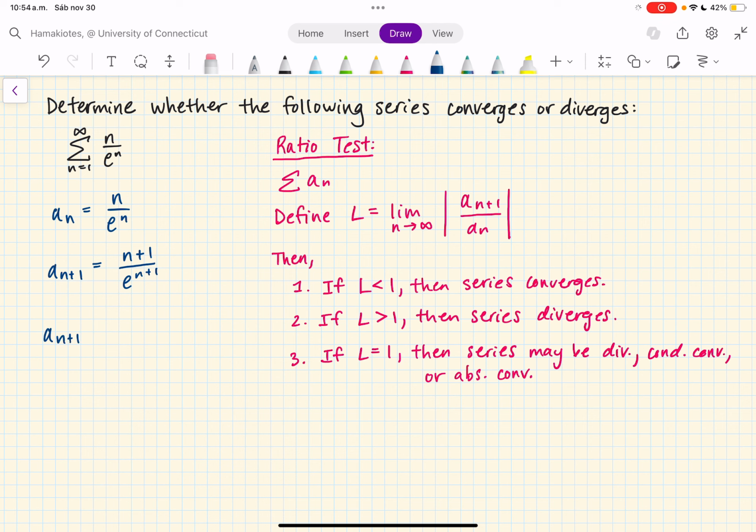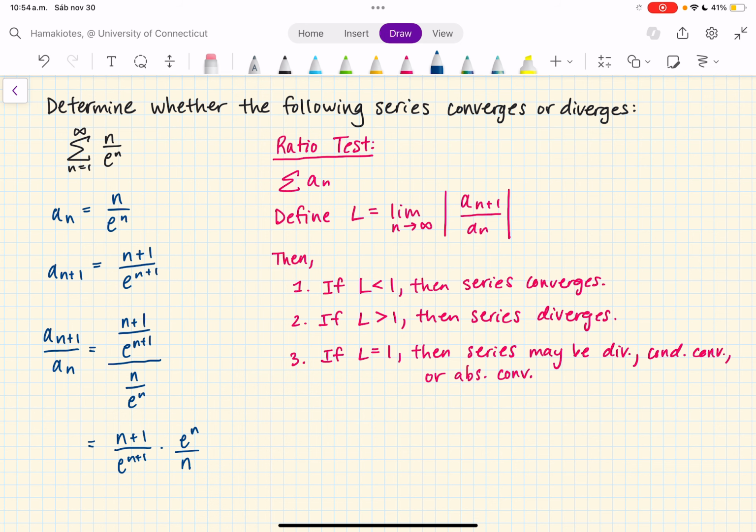So a_n plus 1 over a_n is equal to n plus 1 over e to the n plus 1 all over n over e to the n. So this is equal to n plus 1 over e to the n plus 1 times e to the n over n.